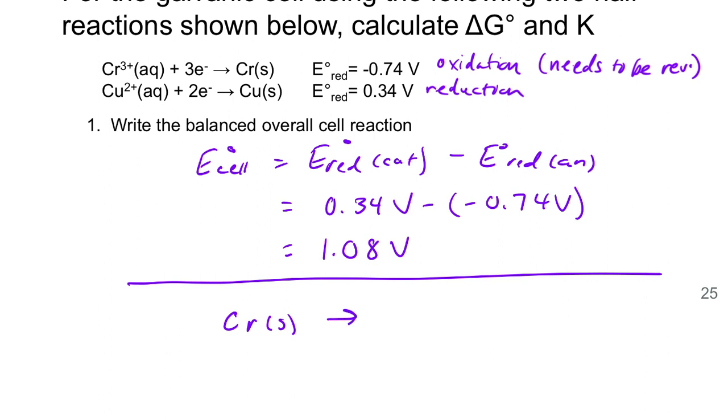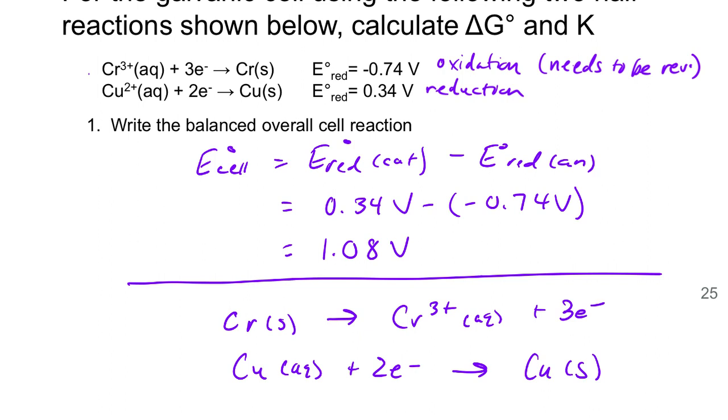I'm going to reverse this chromium half reaction, because that's oxidation, loss of electrons. Electrons have to show up on the product side. The copper half reaction, I'm going to write this way. That's the reduction.